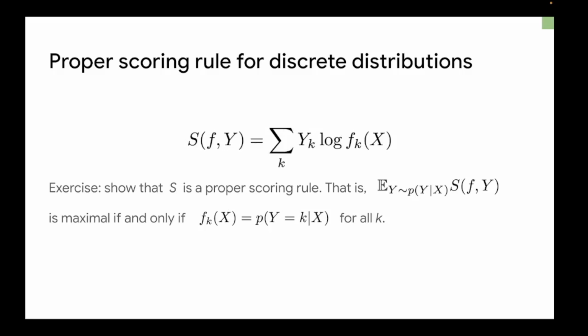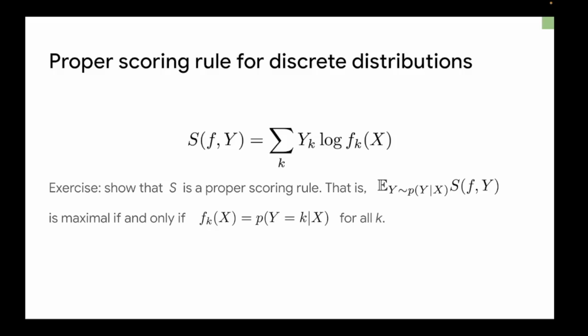The claim here is that the log probability scoring rule for discrete random variables is a proper scoring function. This is left as an exercise, to show that S defined this way is a proper scoring rule.